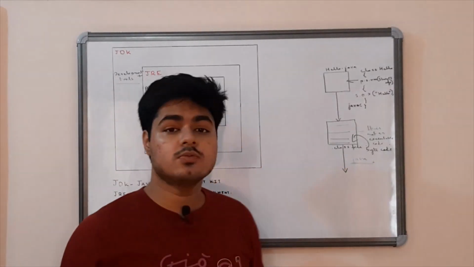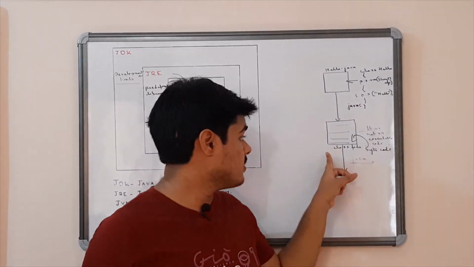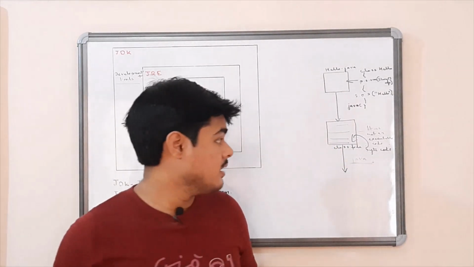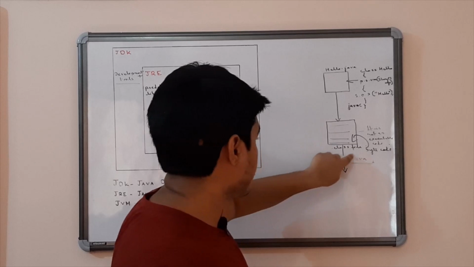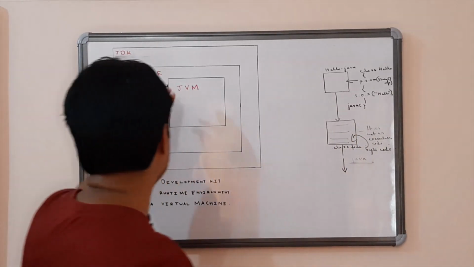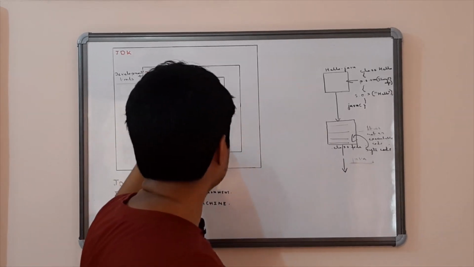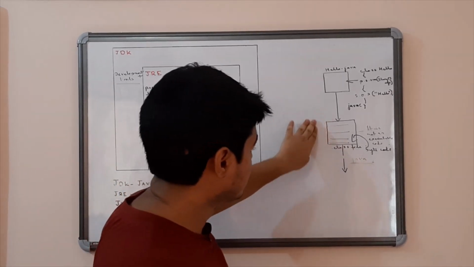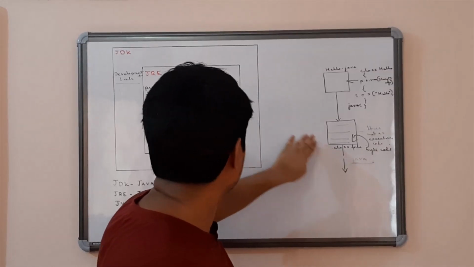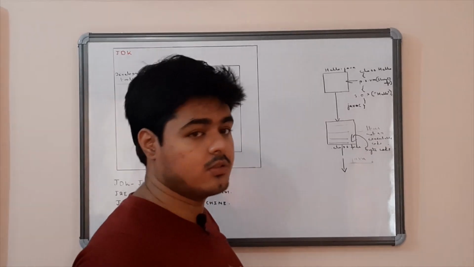This tool is used for starting the execution of the program, that is the .class file. To get executed, it requires an environment. That environment is provided by JRE. JRE consists of predefined libraries that are used by this program and the JVM, which helps in executing this code.